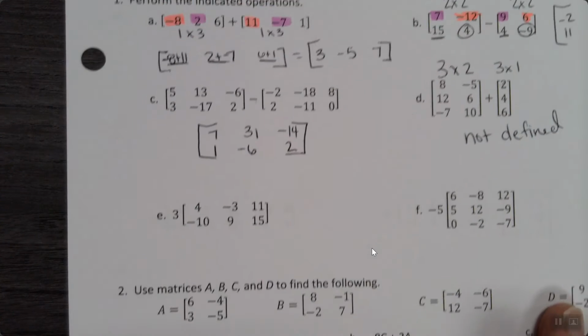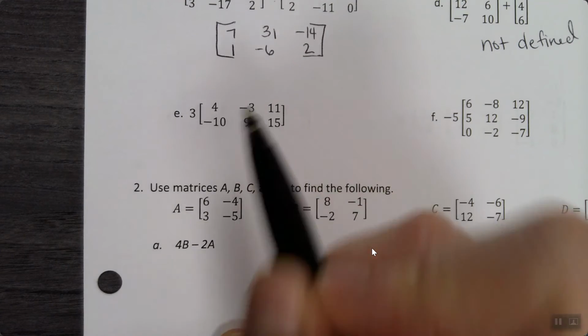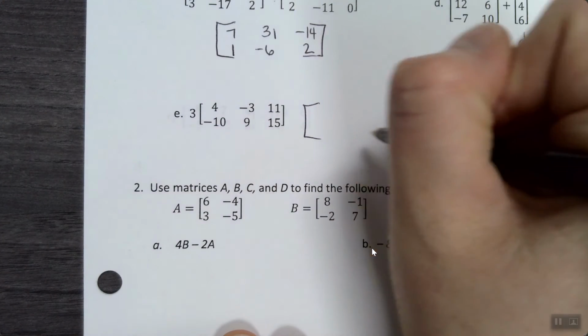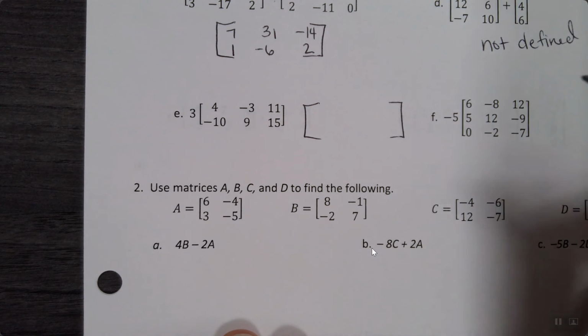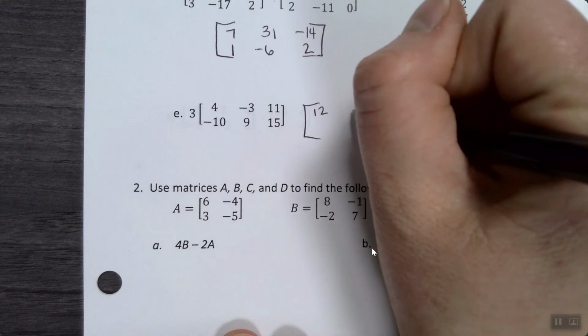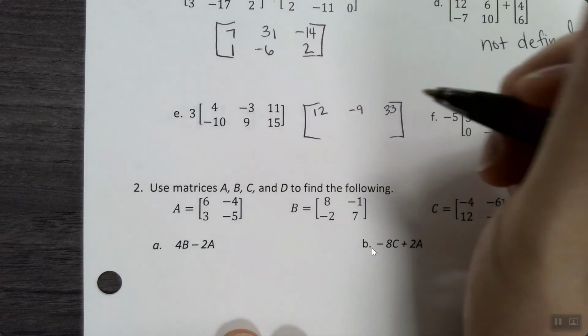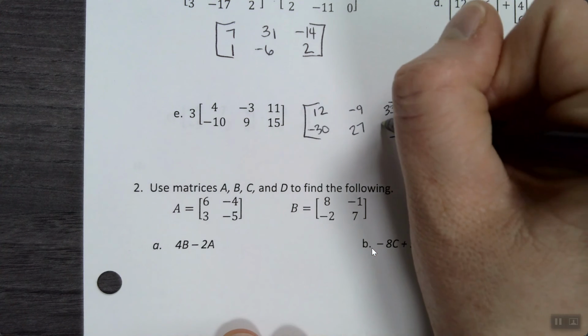In scalar multiplication, you take the number on the outside and multiply it times the values on the inside, the elements. You are performing a dilation, or just multiplying the values inside of it. So 3 times 4 is 12, -9, 33, -30, 27, and 45.